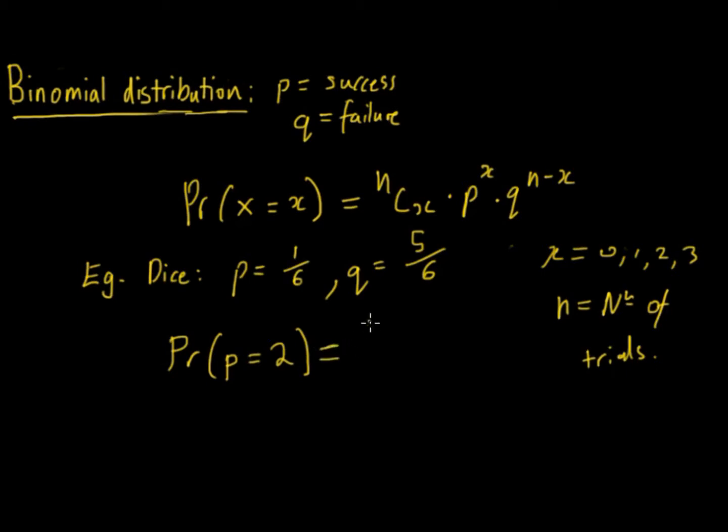That means we get 4C2 times the probability P, which is 1 on 6, to the power of X, which is 2, times Q, which is 5 on 6, to the power of N minus X. So N is the number of trials and X is whatever it is, so that is going to be 2 as well.